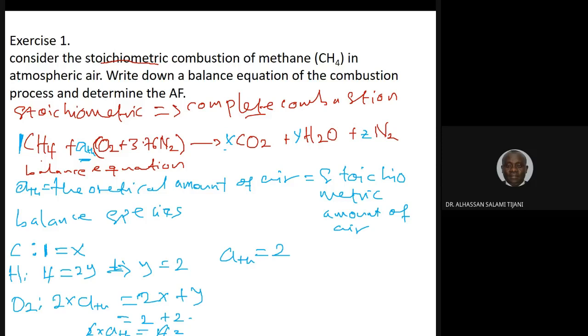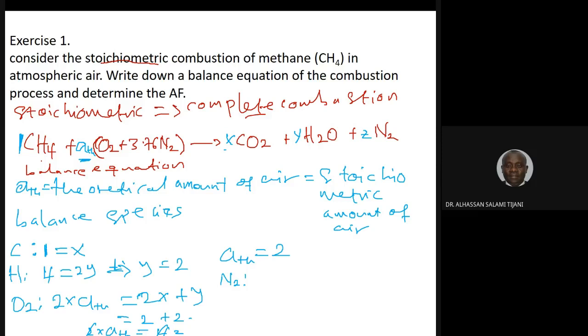So next, now we know the value for ATH, we know the value for X, we know the value for Y. Now we need to balance the nitrogen. So how do we balance nitrogen?